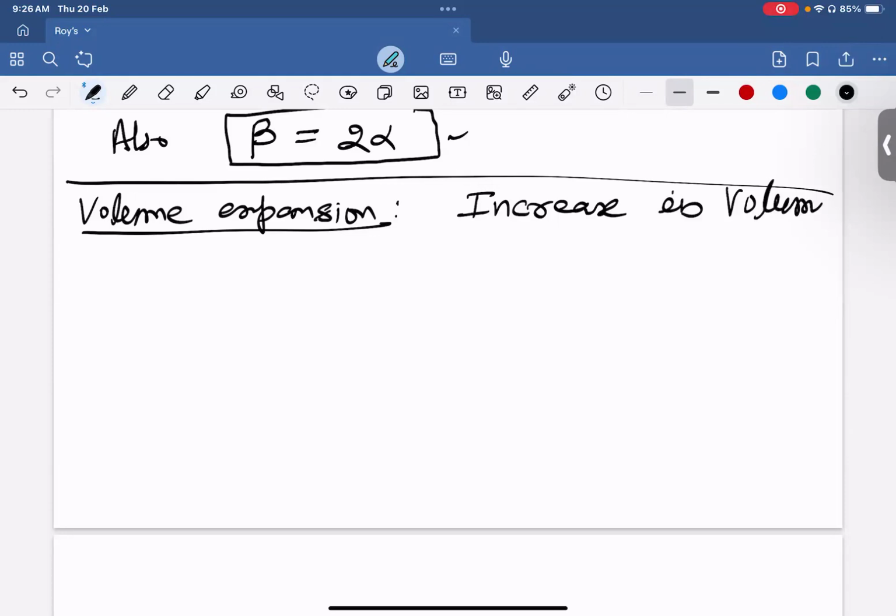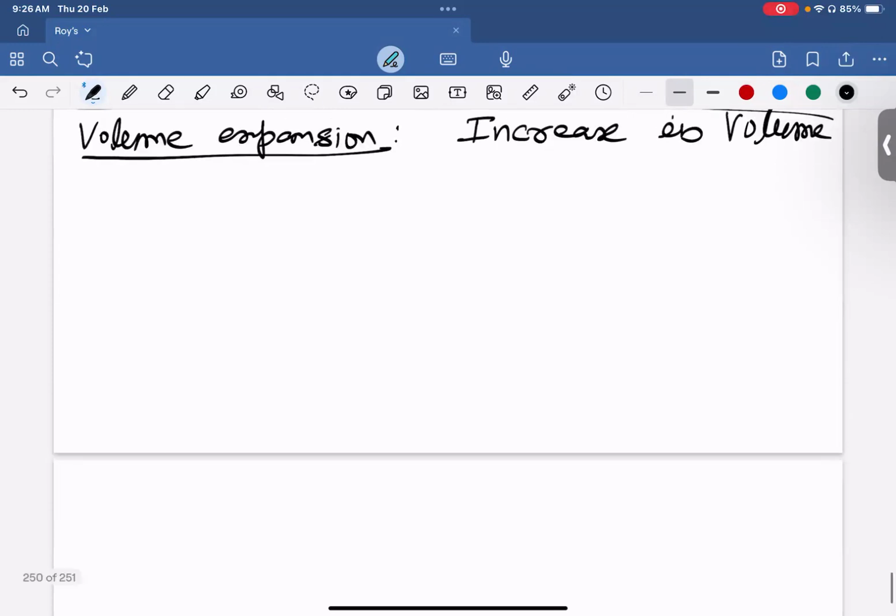So let's suppose you have a cube whose sides are all L. So its volume is L cube. It is at temperature T.